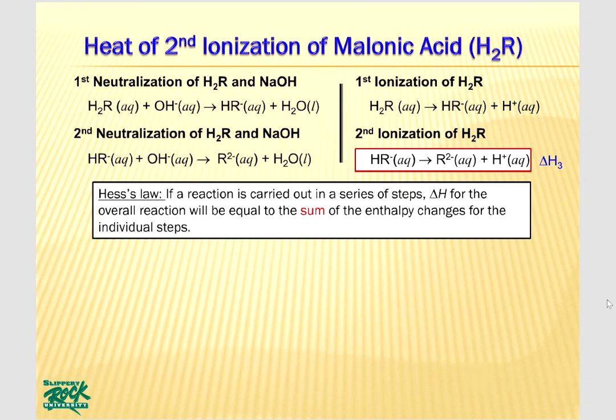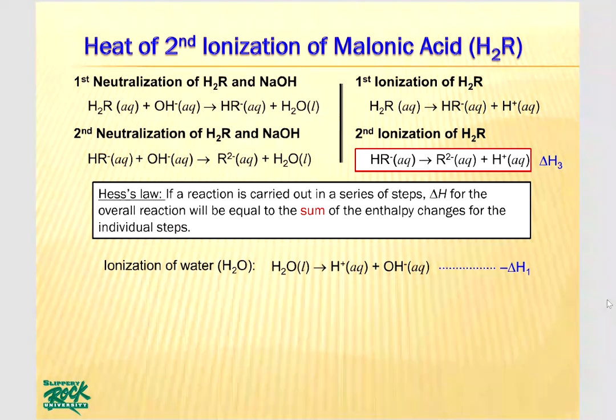Hess's law states that if a reaction is carried out in a series of steps, delta H for the overall reaction will be equal to the sum of the enthalpy changes for the individual steps. Ionization of water is described simply by reversing the acid-base neutralization reaction, and the heat associated with it is negative delta H1.